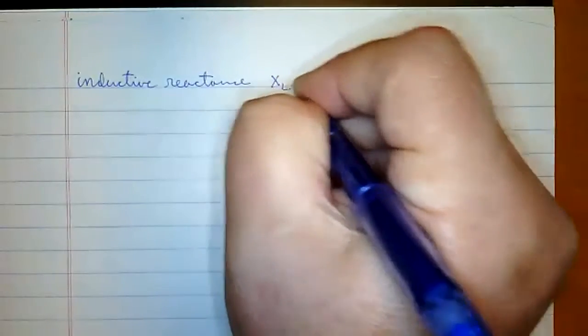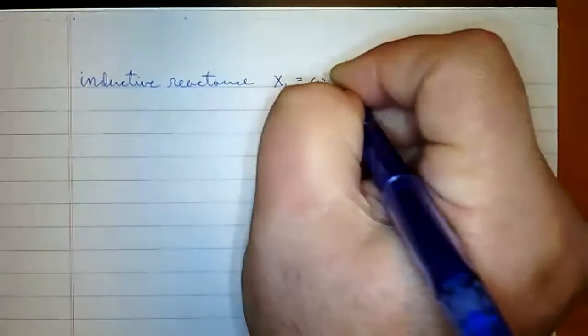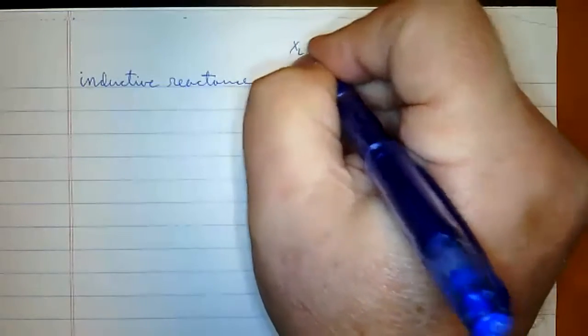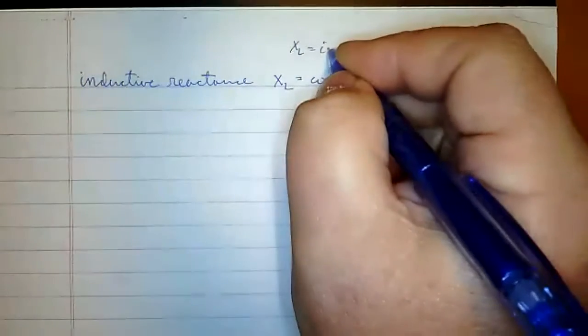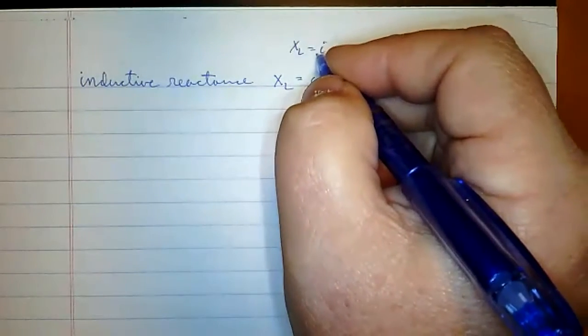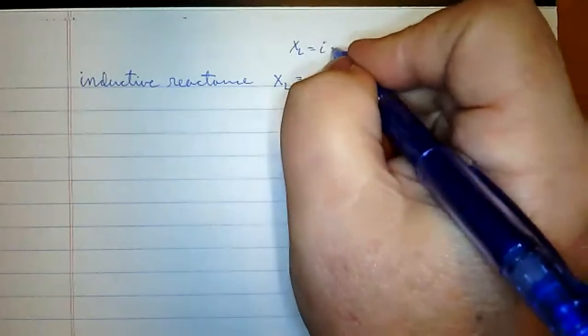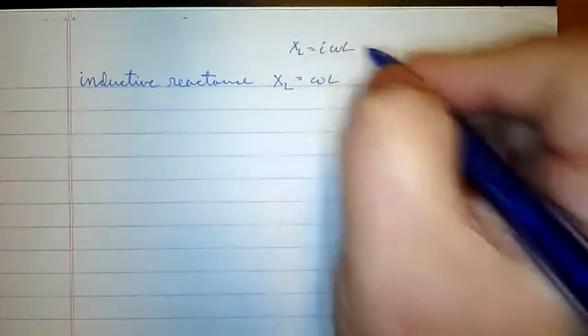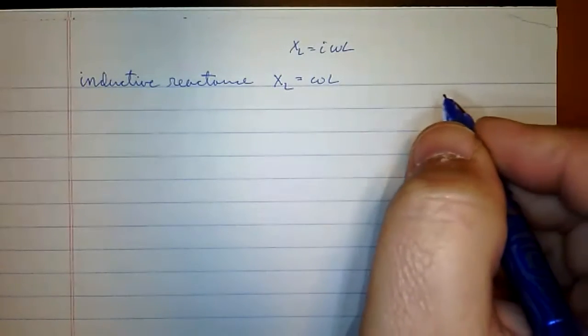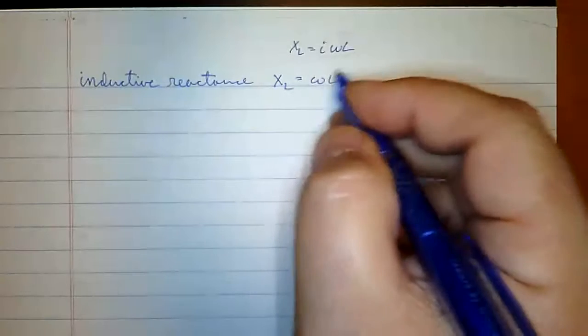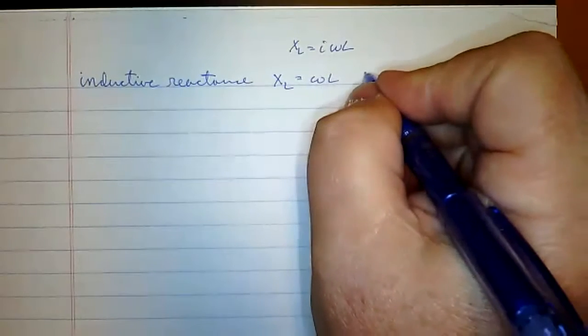The inductive reactance is X sub L, and they're just calling it omega L. Like I said, more advanced courses will call it X sub L is equal to, actually they'll use a J, by the way. That's what they use in electronics, a J instead of an I, because they use lowercase i for current sometimes. They introduced this, but again, it has units of ohms.